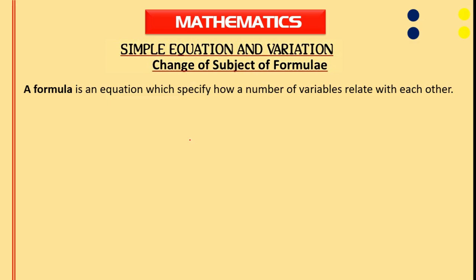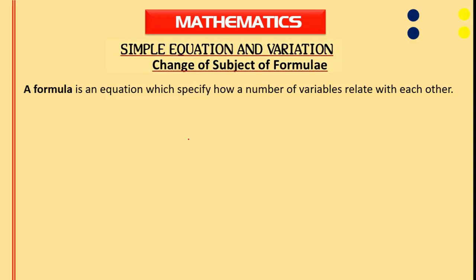So when you have a formula, the variables in that formula relate with each other. The formula shows the role, the definition, and the character of each variable in the formula.